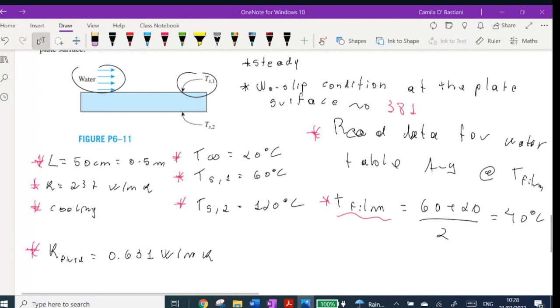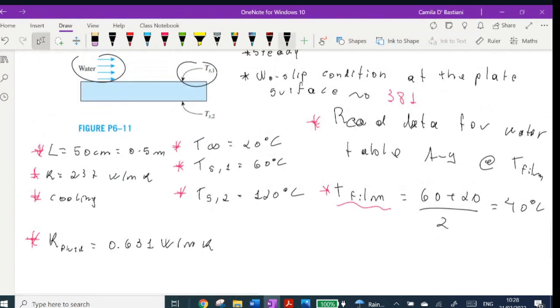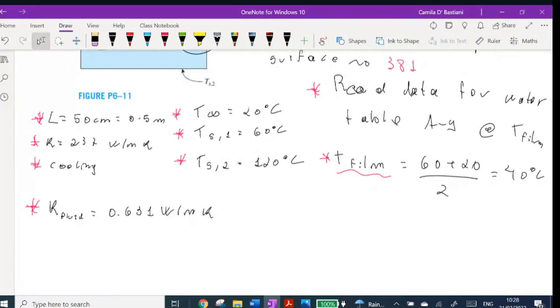Well, as I mentioned, we have a no-slip condition here. And that implies that my rate of conduction is equal to my rate of convection.